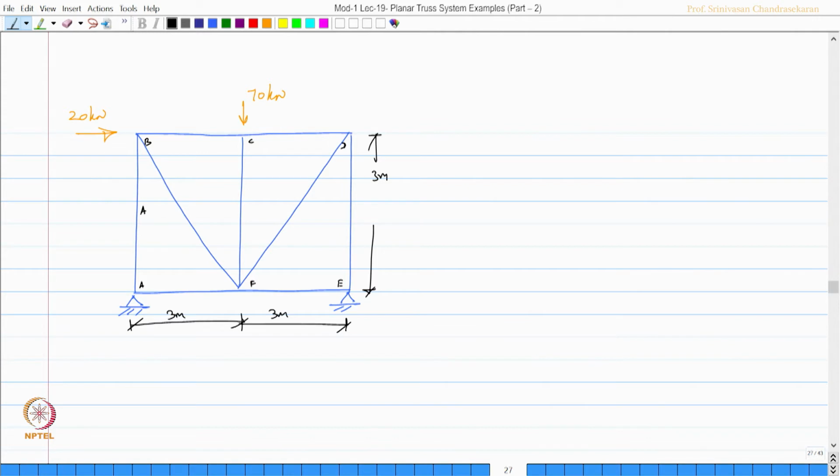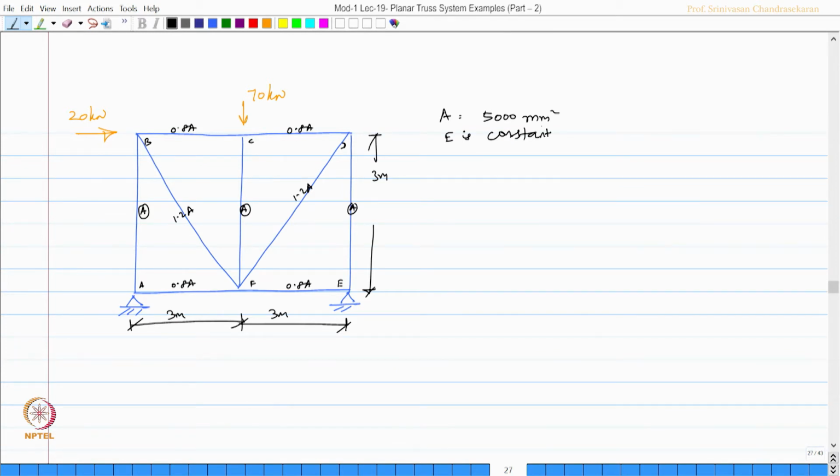So, this has area A, this has area A, this has 0.8A, 0.8A, 0.8A and 0.8A, and these two members have 1.2A, okay, where A is 5000 mm square and E is constant.